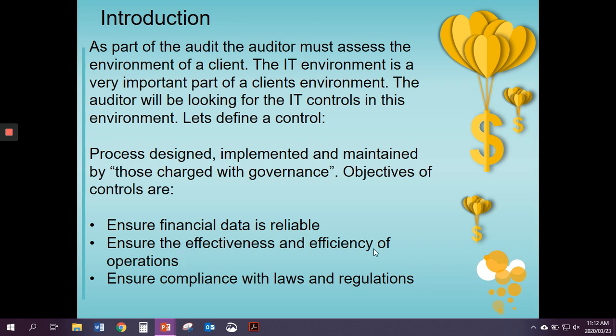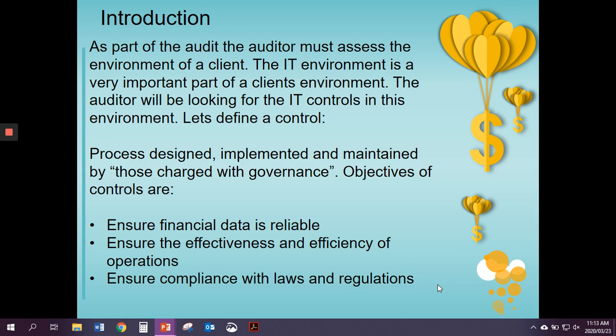The second part is more of importance to management because management is worried about efficiency and effectiveness. We become worried about efficiency and effectiveness as auditors when we're looking at going concern and when we're looking at management and stewardship of the directors, then we become worried about it, but it's not our primary concern. Another important concern for the auditor, though, is compliance with laws and regulations.